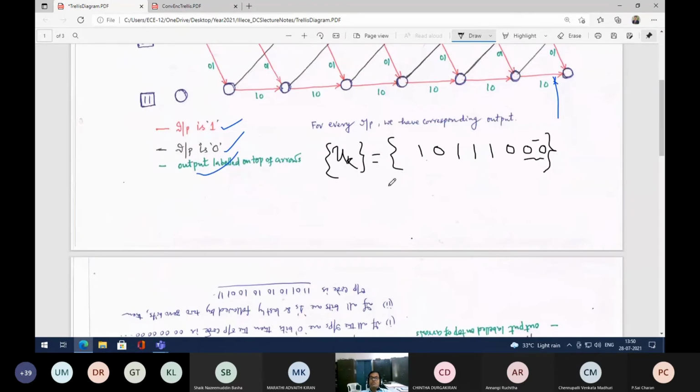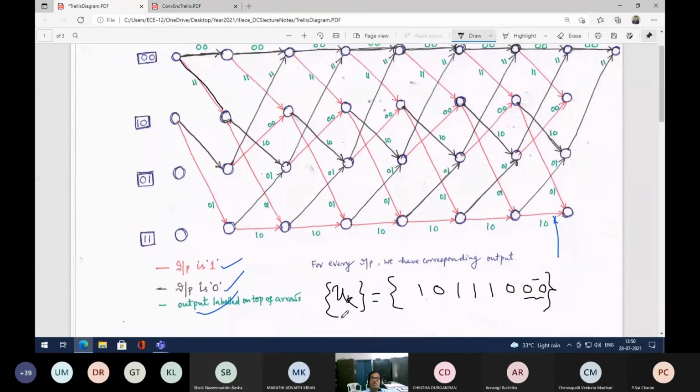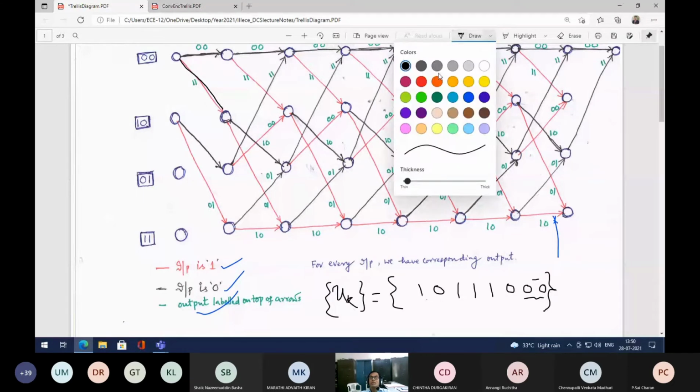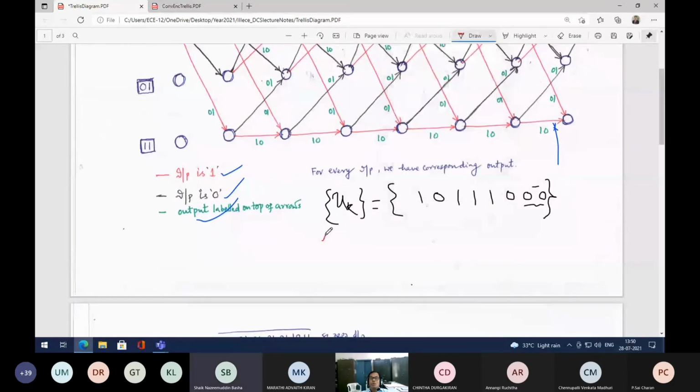Can somebody tell me what my corresponding output is by seeing this Trellis diagram, please? 1 1, 1 0. Other people, please.